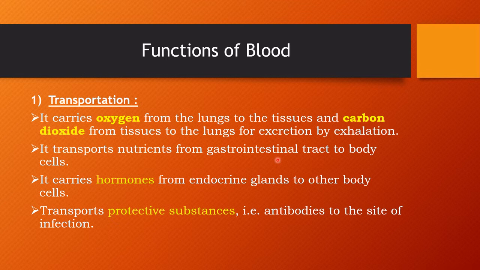Nutrients may be proteins, minerals, fats, carbohydrates, vitamins, etc. So from the bloodstream, blood will provide these nutrients to all the cells or tissues, again like oxygen. So this is the function of blood.